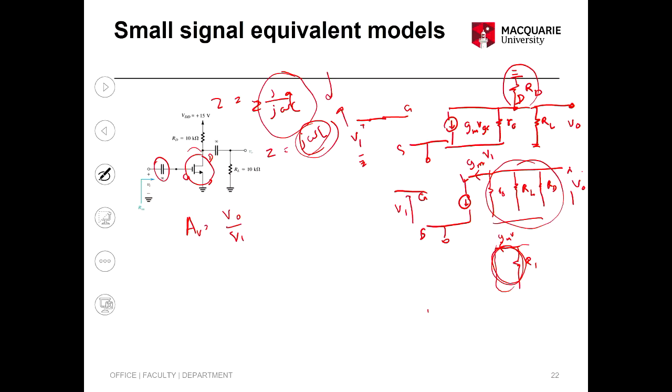So the voltage drop across, which is Vout, is current goes here. So the voltage we measure from here to here is negative gm V1 R1, okay? So what we want to find is Vout over V1. So if I rearrange this, that's my voltage gain. Okay, so that's the small signal voltage gain for this circuit.